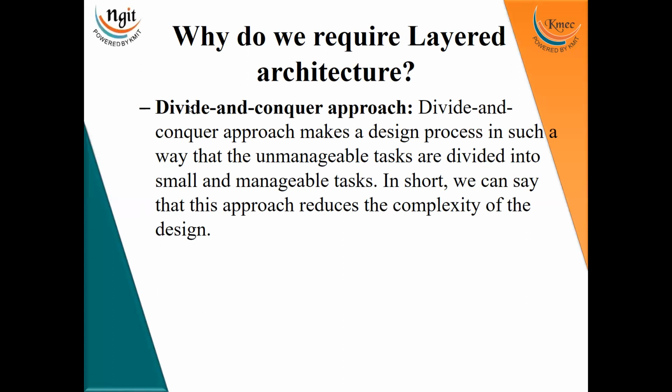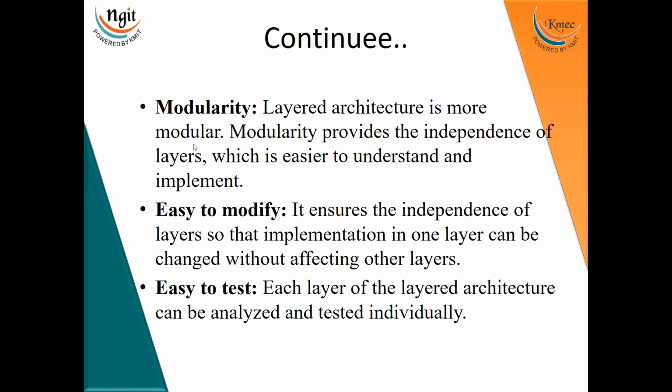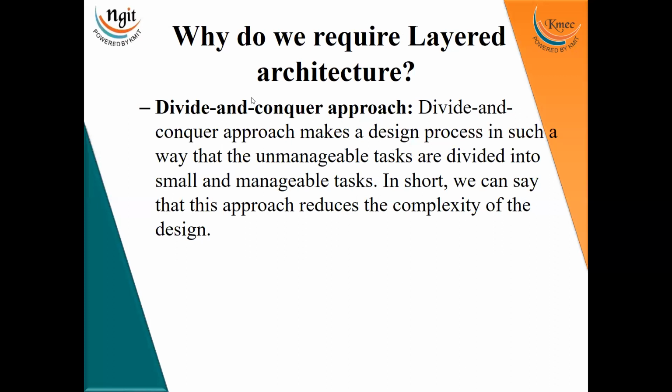For the divide and conquer approach, as well as for modularity, and for being easy to modify and easy to test. For the divide and conquer approach, we need the layered architecture, which makes the design process such that unmanageable tasks are divided into small and manageable tasks. In short, this approach reduces the complexity of the design.